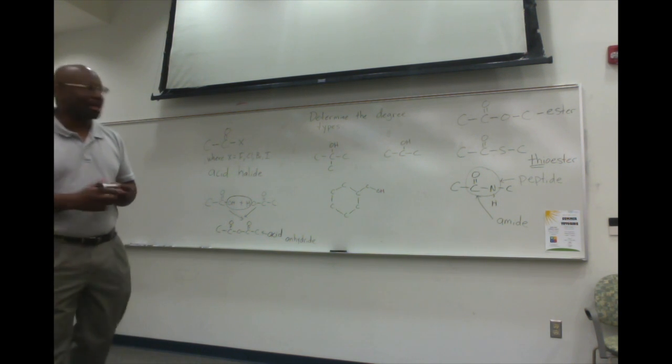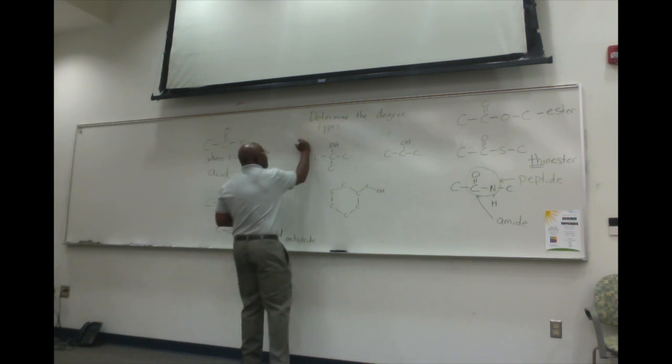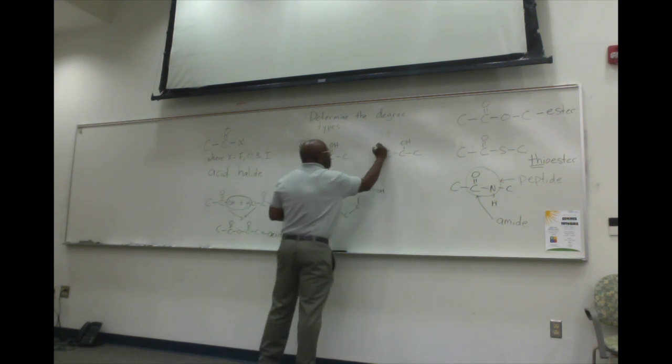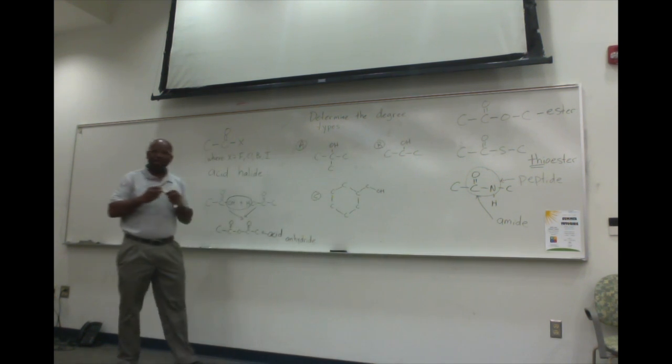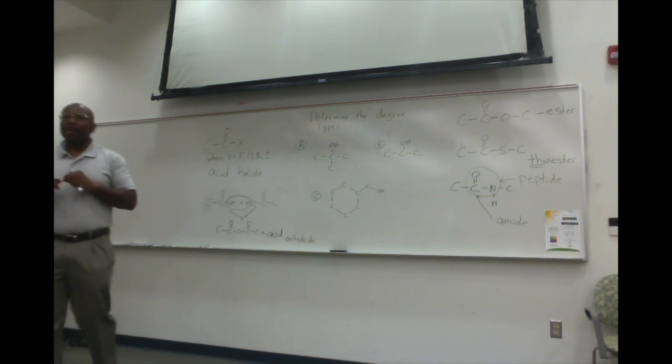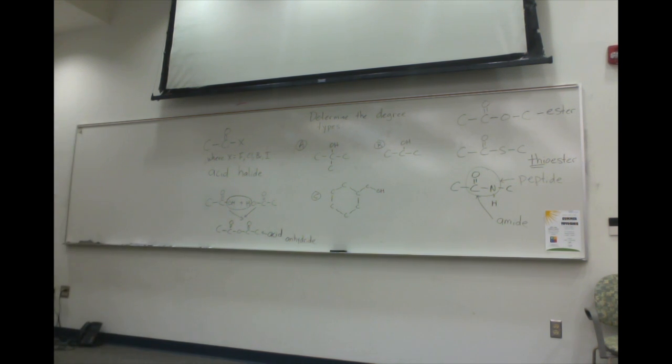Make sure I see the numbers. Let me label molecules A, B, C, D. Doing molecule A: how many carbons is the carbon with the OH attached to? Is it 1, 2, 3?